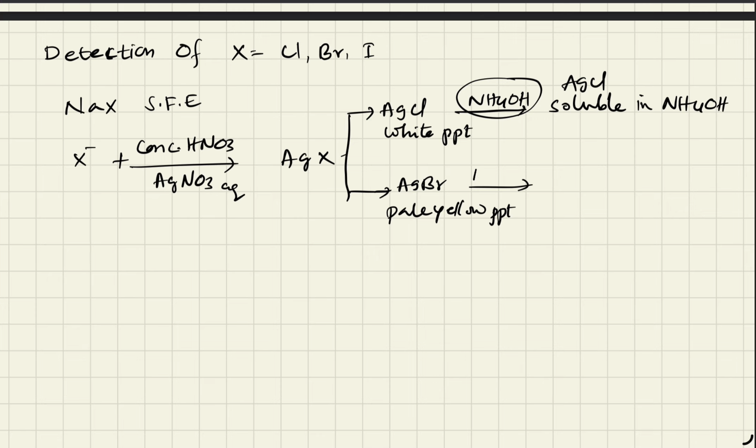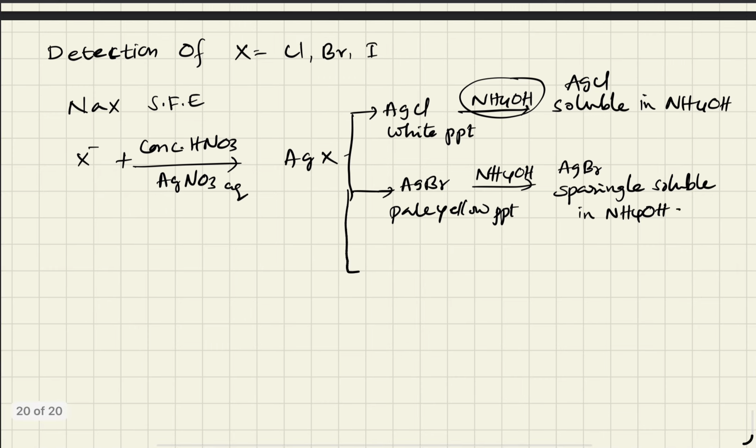In case of AgBr, a pale yellow precipitate forms. Then add ammonium hydroxide: AgBr is sparingly soluble, meaning a little soluble, in ammonium hydroxide. And then the final one, AgI, is a yellow precipitate.